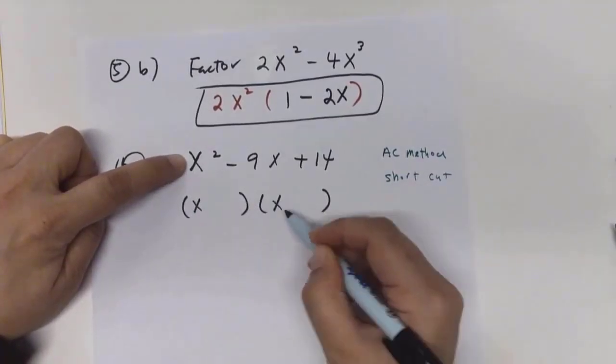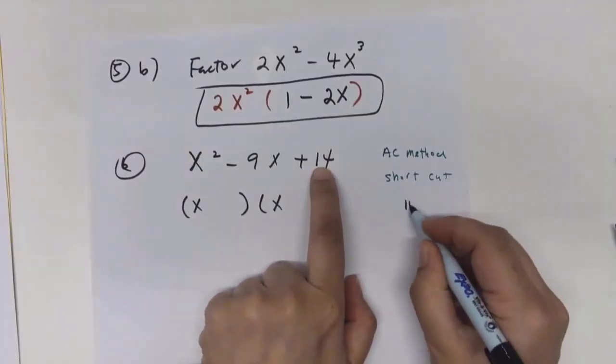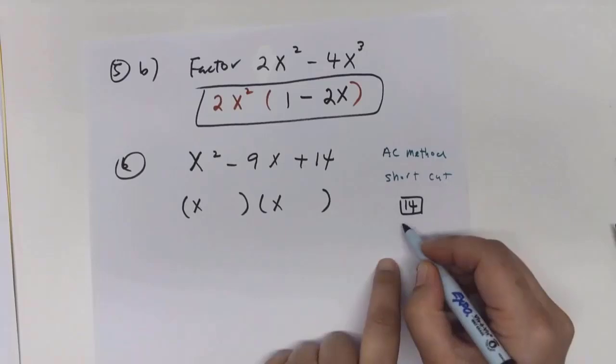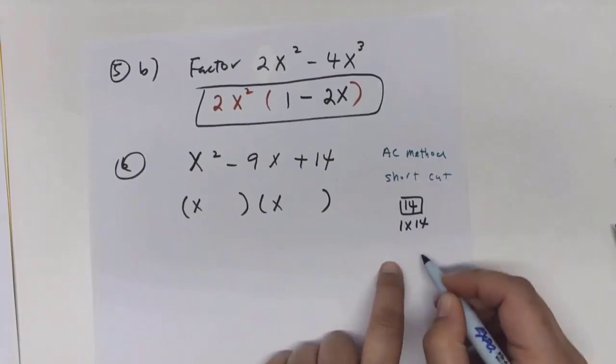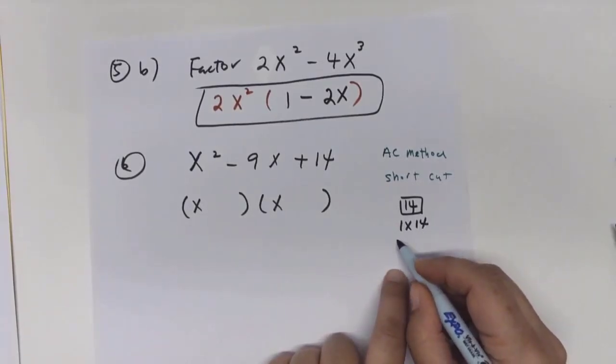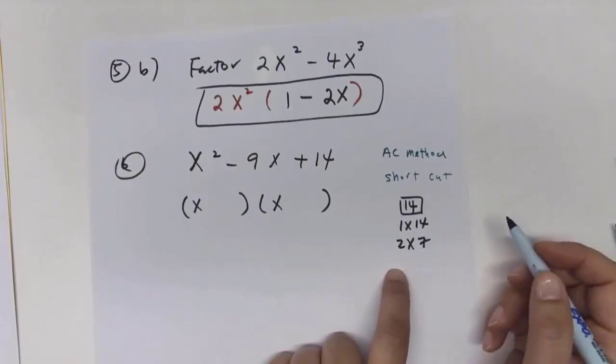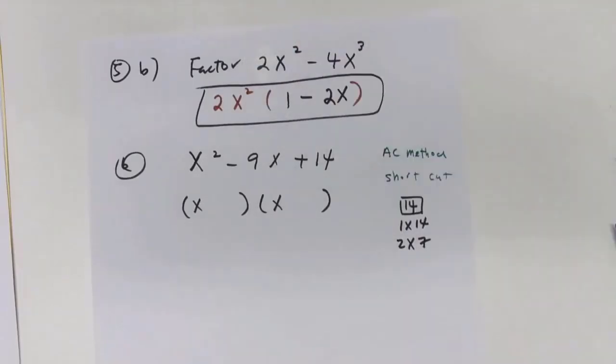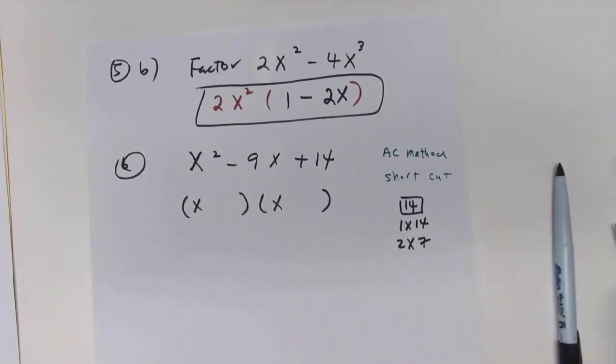X times x. And then we need to look at the 14, right? So what do we multiply to get 14? 1 times 14 or 2 times 7, that's it, right? So somehow I need to get a 9. Negative 9.